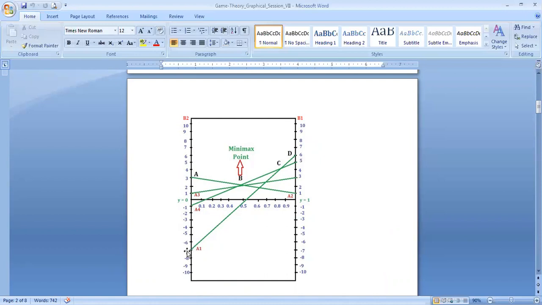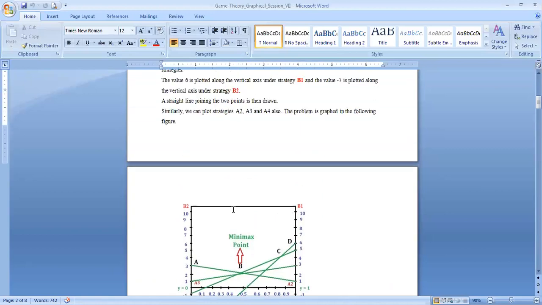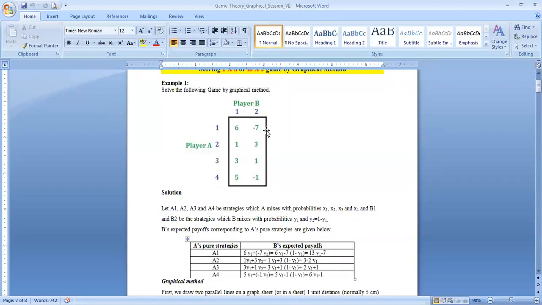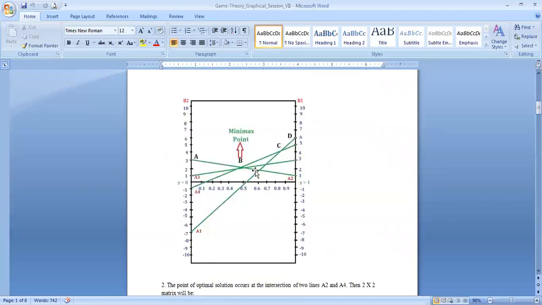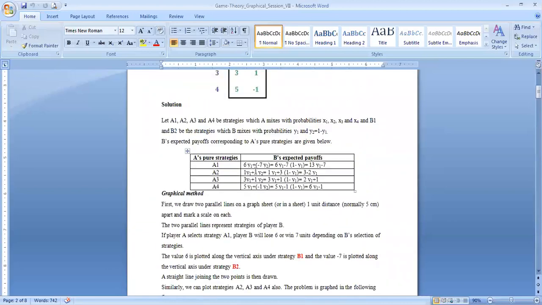Then after locating, join these two points with a straight line. This is the straight line by which we have joined 6 and minus 7, that is B1, B2. Similarly, you do it for the remaining points also.